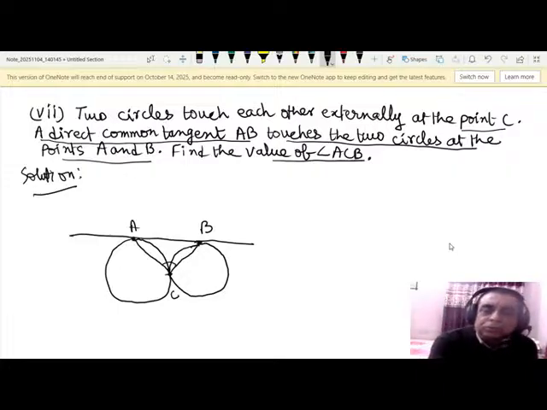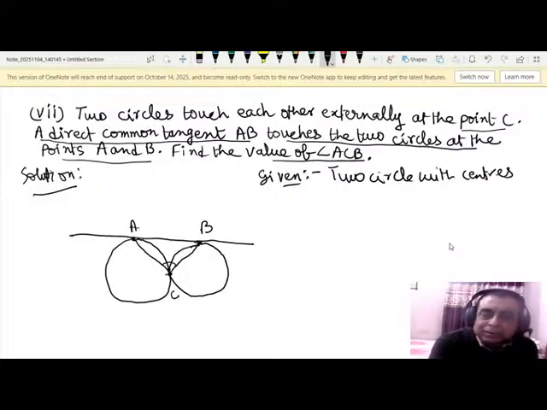So first you write the given. Two circles with centers. You call their centers, because the centers will be needed in the solution of this question.